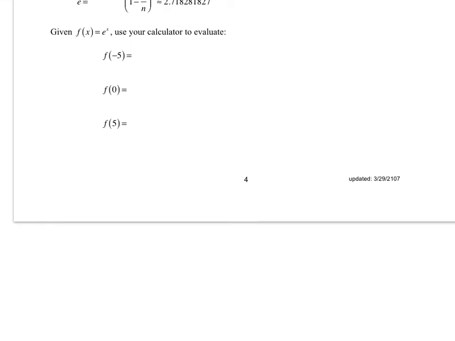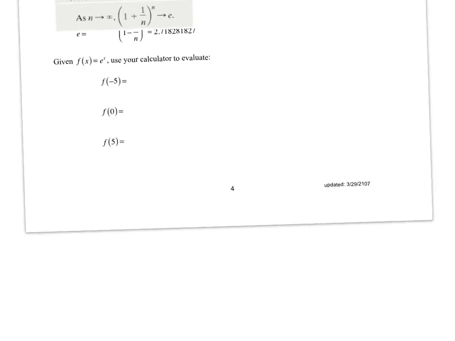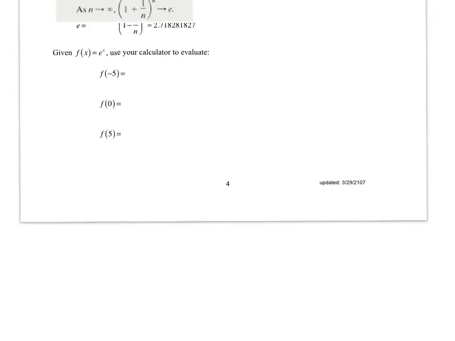Now I want you to use your calculator again, and I want to see if you can evaluate different values of y equal e to the x. So go ahead and put y equal e to the x into your calculator.